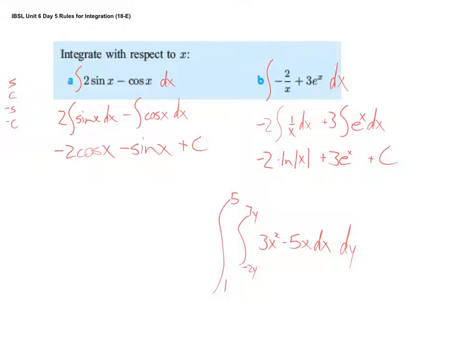That's what's known as a double integral, okay? You'll learn that if you take multivariable calculus in college. But that's one reason why that dx is important. It tells us what we're integrating with respect to.